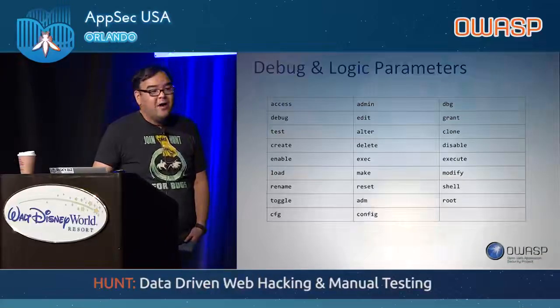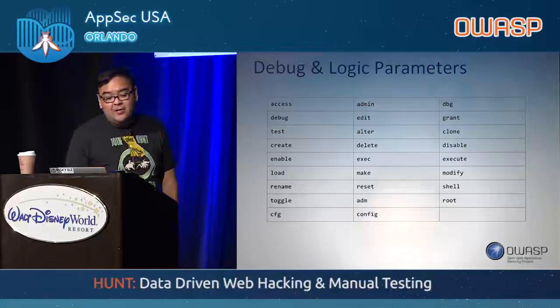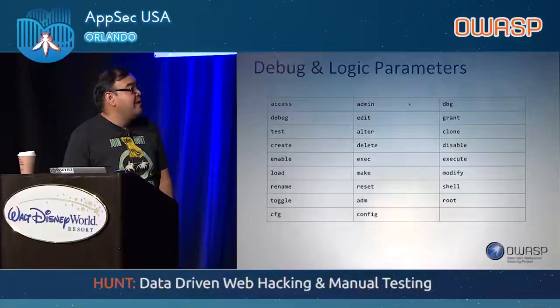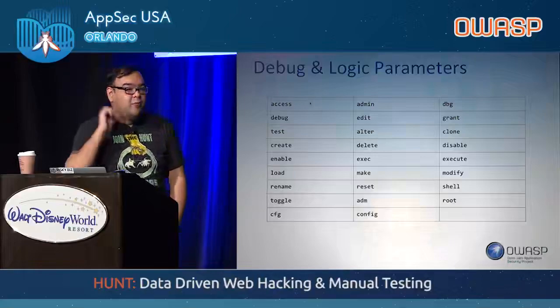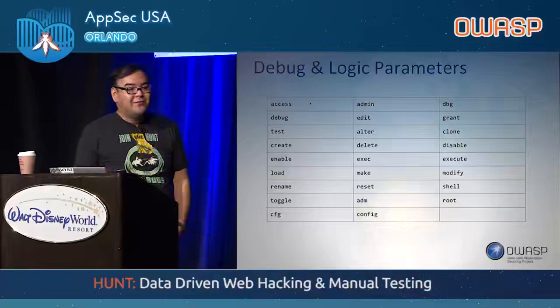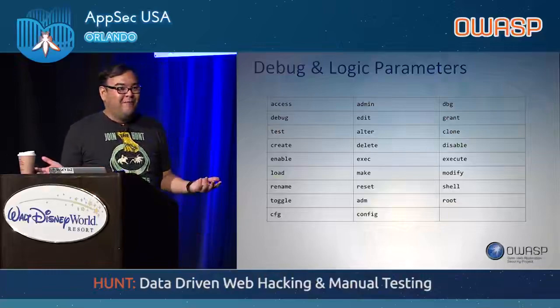I see these quite often on a lot of the web applications that I've done testing on over the years and currently. So you'll see access, admin, debug, edit. And it's funny because usually these parameters are going to present themselves as access equals false. What if I make it true?